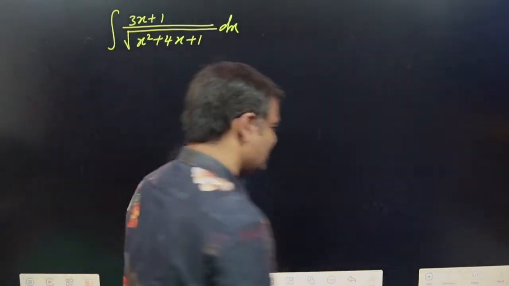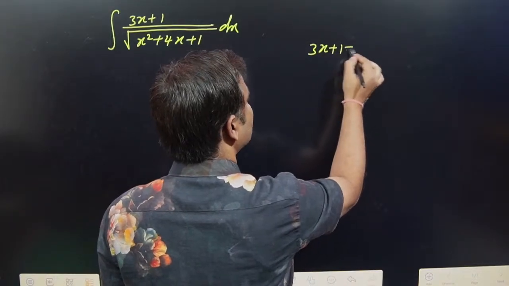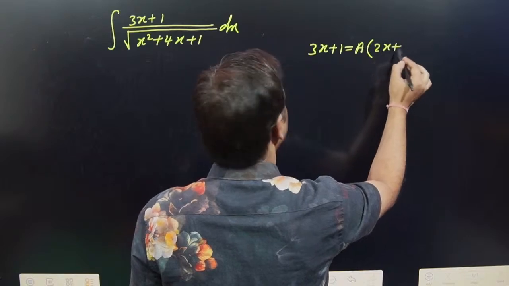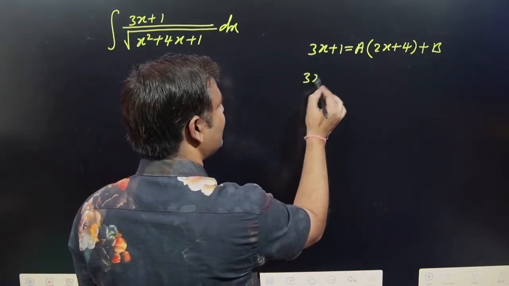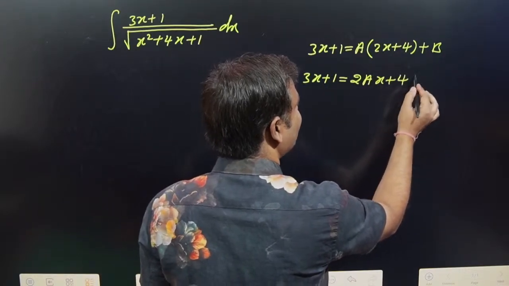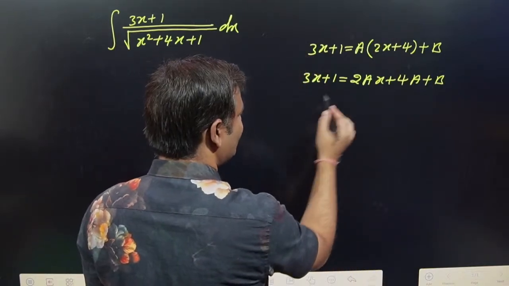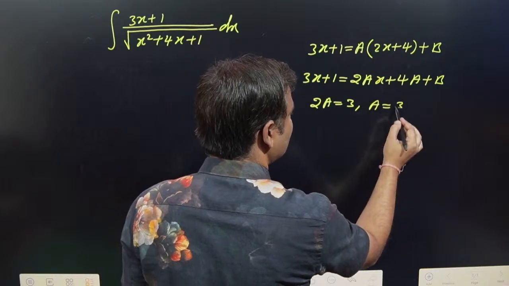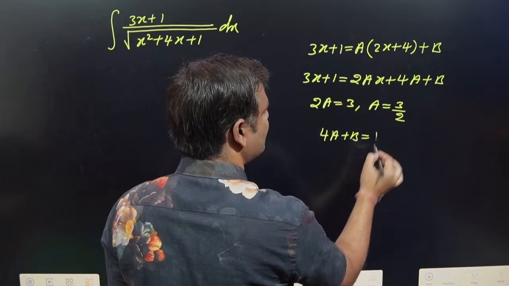Okay, so simply you can write now here 3x plus 1, this will equal to a into differentiation of this one 2x plus 4 and new constant b. So 3x plus 1, this will equal to 2a into x plus 4a plus b. So now compare 2a, this will equal to 3, so a this will equal to 3 by 2, 4a plus b, this will equal to 1.